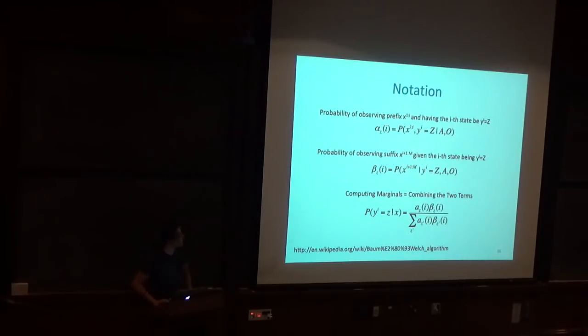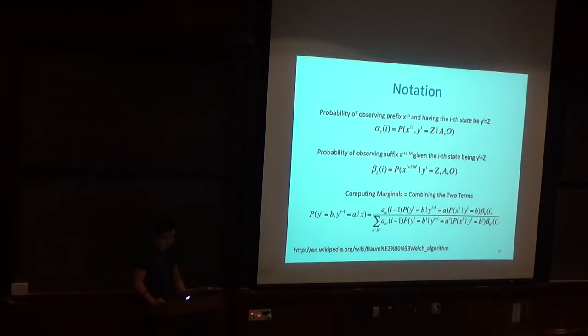If we can compute these prefix and suffix solutions using dynamic programming, then we can compute these marginal probabilities by simply combining the two. We can likewise compute these pairwise marginal solutions for pairs of adjacent y's by doing combinations over these alpha and beta prefix-suffix solutions.